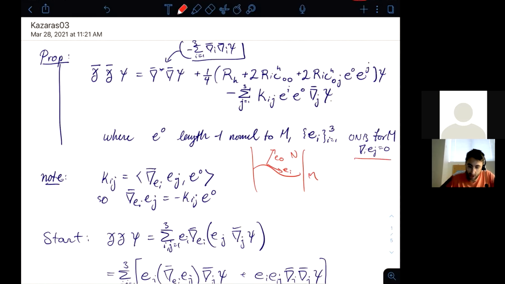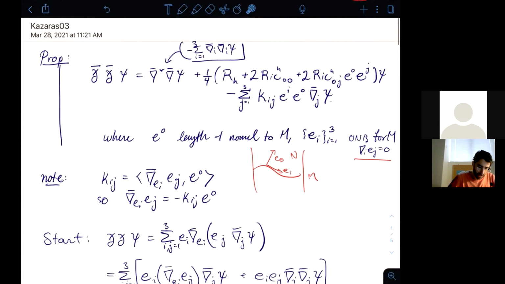And for ease of this type of calculation, let's choose the tangential basis so the Christoffel symbols vanish in this frame. For instance, geodesic normal coordinates for the Riemannian structure on M.